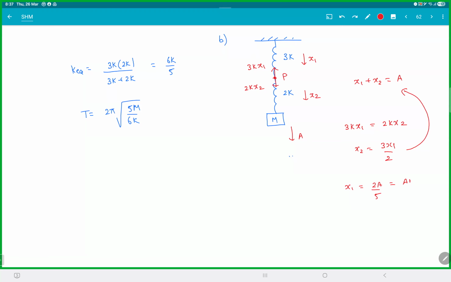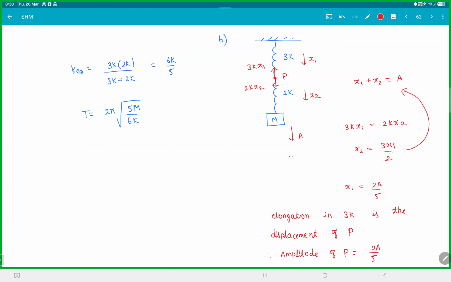So the elongation in 3K is the displacement of point P. Therefore, amplitude of point P is 2A by 5. So if the block oscillates with A, this point will oscillate with 2A by 5.